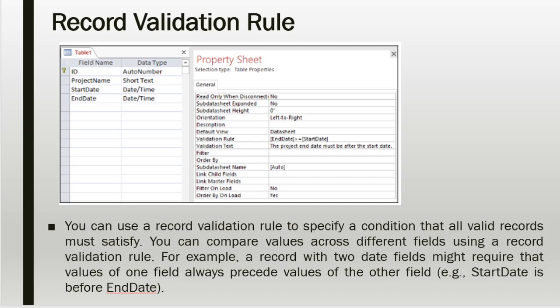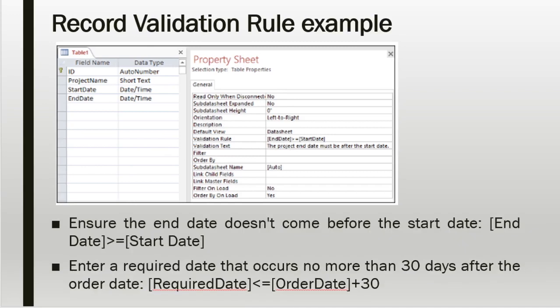So if somebody does it the other way around, because you have set the rule there, it will not accept it. I know the picture is kind of blurry, but you see the validation rule says end date must be greater than or equals to start date. So that is a rule that you set, so that when somebody puts in that value the other way around, it will give an error. It will say no, it is incorrect.